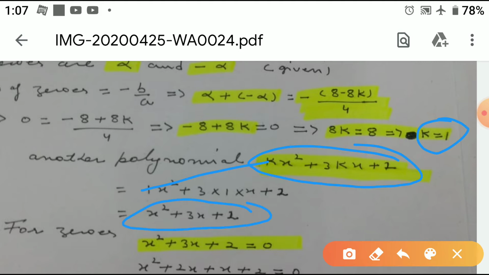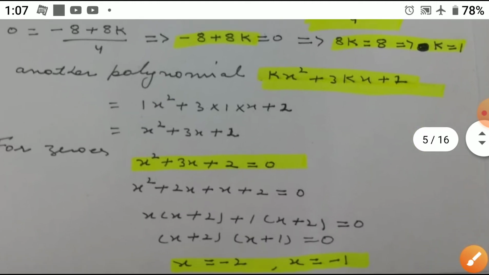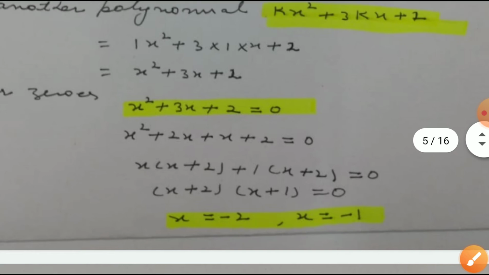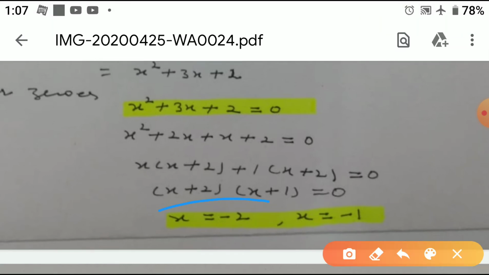Now x square plus 3x plus 2 is equal to 0 is our polynomial. By splitting the middle term we get the two zeros as x is equal to minus 2 and x is equal to minus 1.